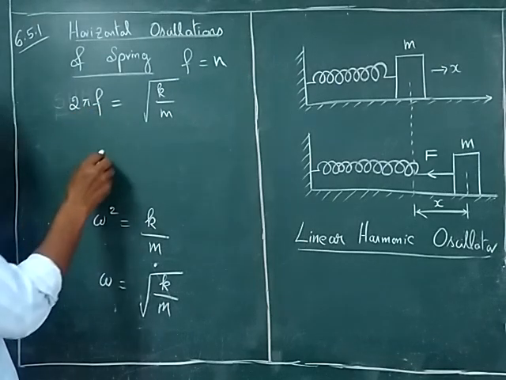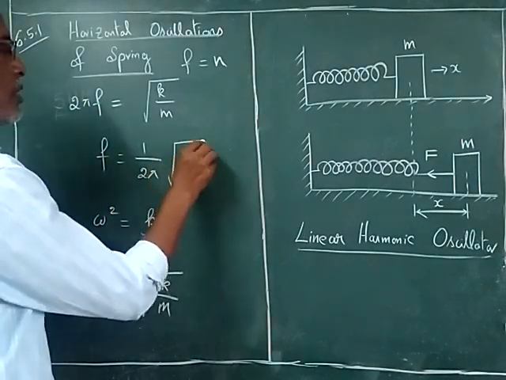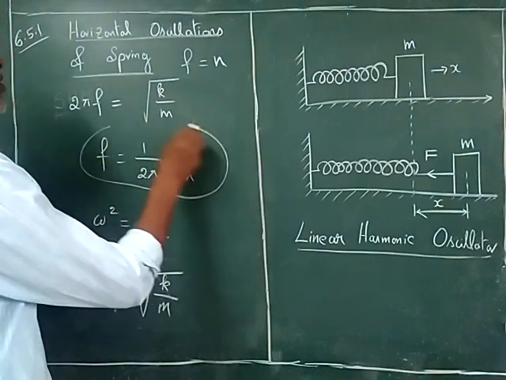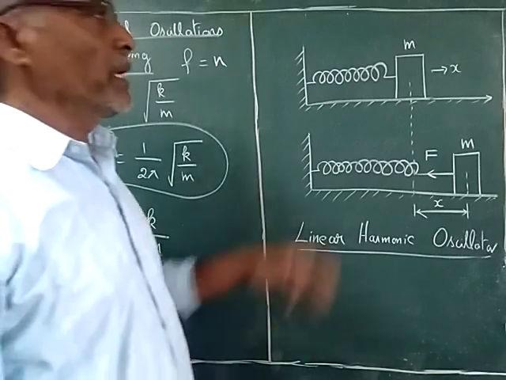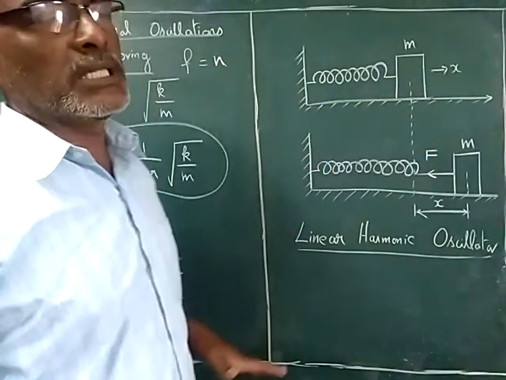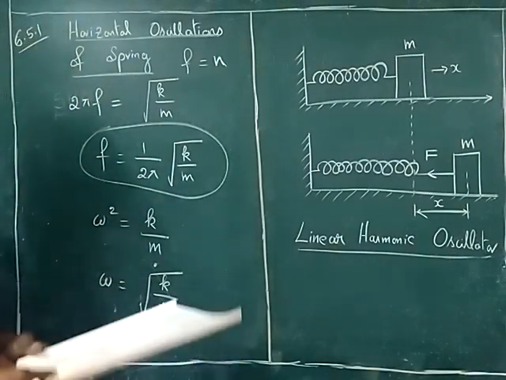Now we want frequency. Frequency is equal to 1 by 2 pi root of k by m. So the frequency of oscillation of this spring centered around this mean position is given by 1 by 2 pi square root of k by m.